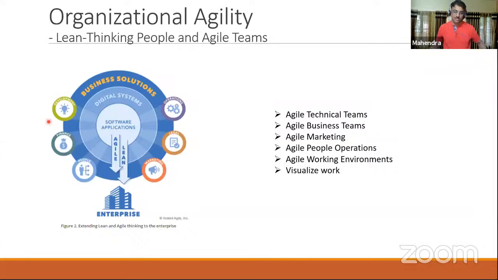In physical space, we make the work visual through our walls, and in the virtual space, there are various tools which we use to make the work visual. Right from portfolio to program to team, everything has to be made visual. And of course, the focus is on tooling and automation.